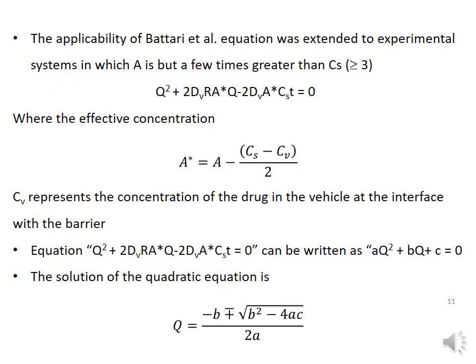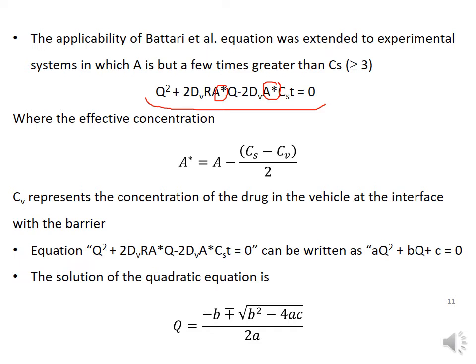The applicability of Bottari et al. equation was extended to experimental systems in which A is but a few times greater than the saturation or the solubility. This is the equation, where in this case they used A star instead of A, which is the concentration of the dissolved and undissolved amount of the drug.